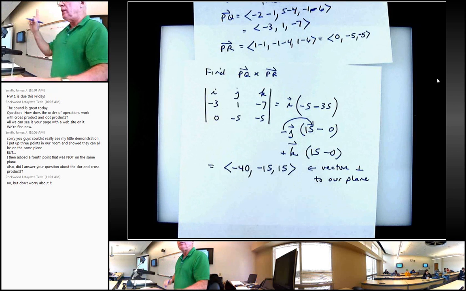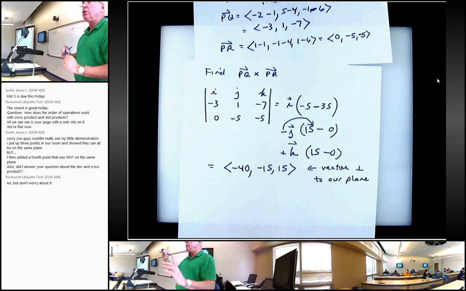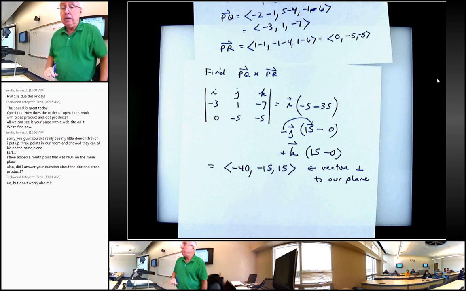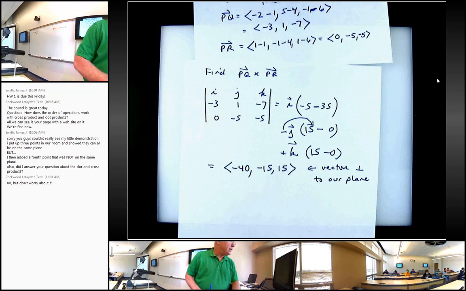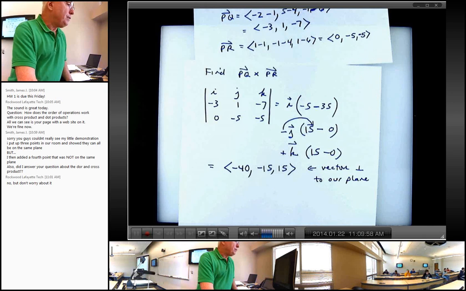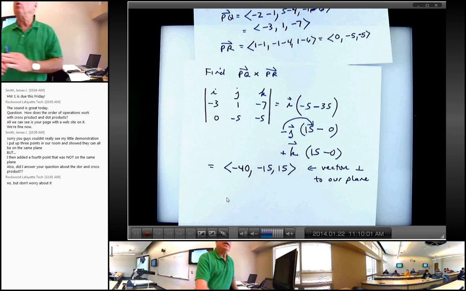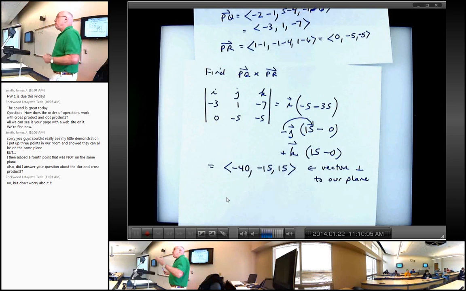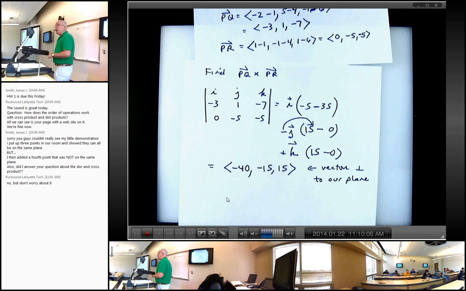Because there's certainly not just going to be one single vector that is perpendicular to that plane. Is there anything common with those three components, 40, 15, and 15, that I could work with to maybe lighten my load, so to speak, if I have to do some further arithmetic?